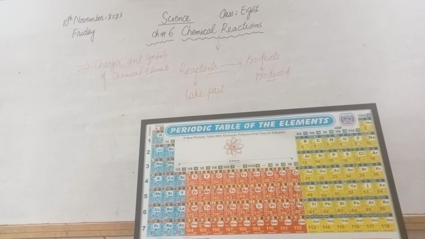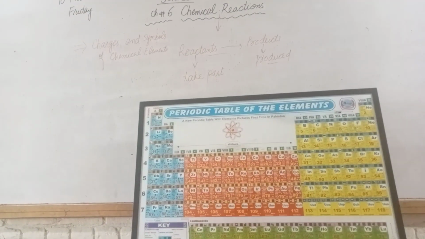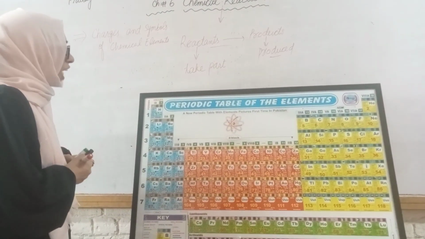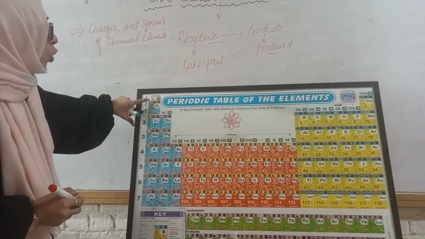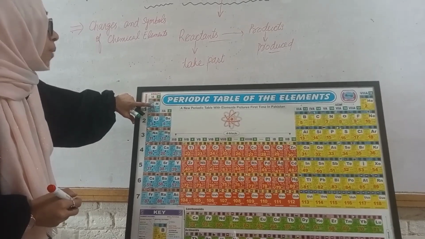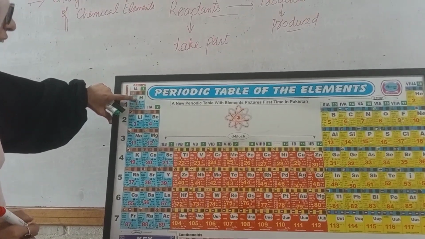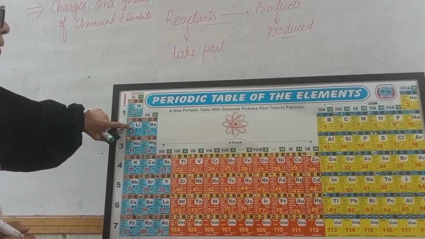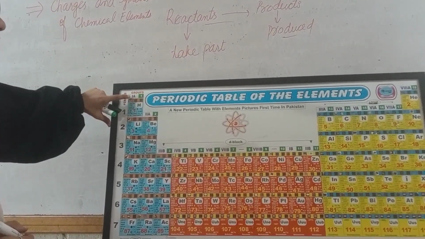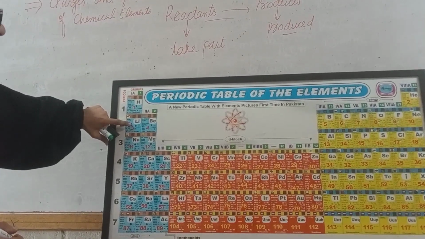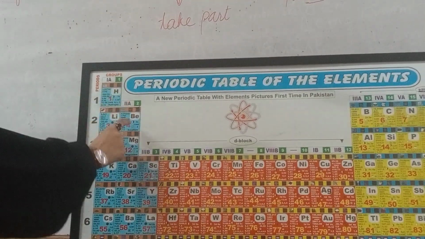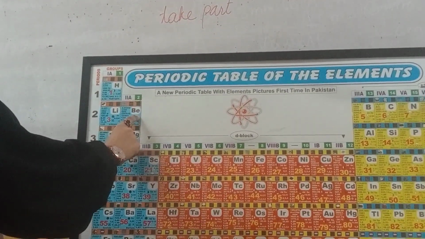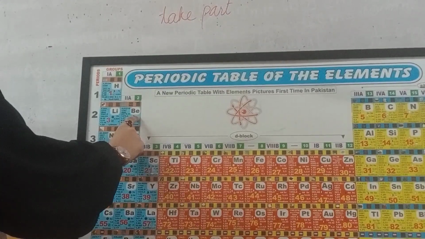As we have made a list of chemical elements, symbols and charges, with the help of this table we can get an idea about the charges of these elements. As hydrogen is in group number 1, it has charge +1 and symbol H. Similarly, lithium is in group number 1, so it has charge +1 and symbol Li. Similarly, for group number 2, beryllium, Be is the symbol and it has charge +2.